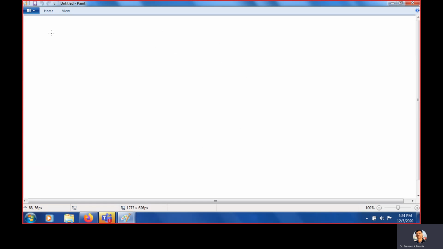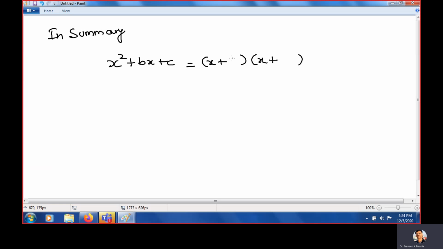Now in summary, if you want to remember, it is very simple. X square plus bx plus c will be x plus and x plus. This you need to fill. If x square minus bx plus c, it is x minus and x minus.